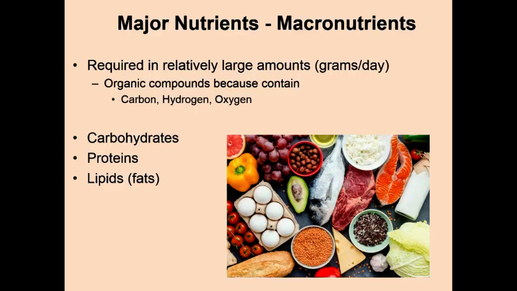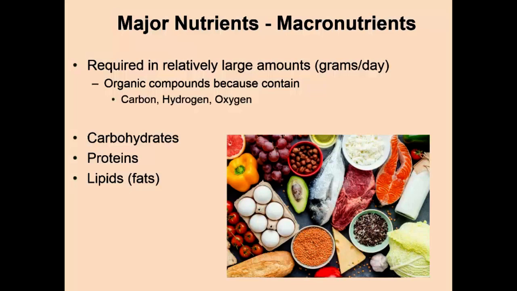So let me go ahead and talk about organic here just a little bit. When we're talking about foods and we're talking about most nutrients, we're talking about organic compounds. All organic compounds are going to have carbon, hydrogens, and oxygen. That's what makes something organic. Now, when we talk about things like minerals, calcium, phosphorus, those are inorganic, and they are inorganic because they do not contain carbon, hydrogens, or oxygen.